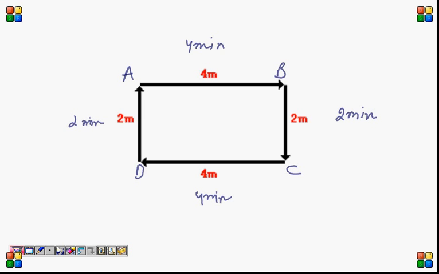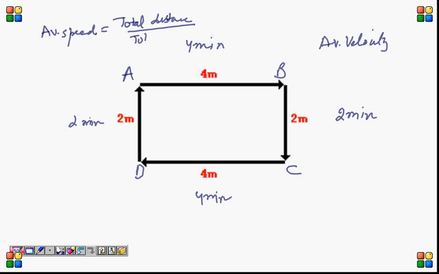So my question is, what is the average speed and what is the average velocity? As we can see, average speed is equal to total distance by total time, and the average velocity is equal to the displacement by total time taken.